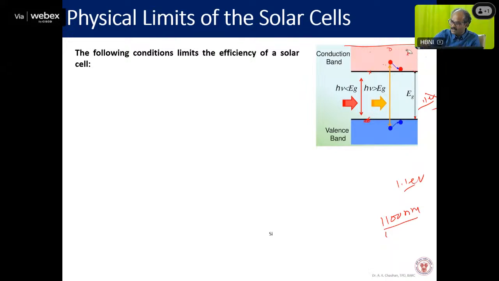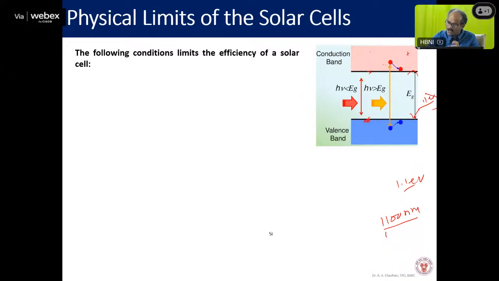So except in the ideal case when it was 1.1 eV, the photon is absorbed from this to this. This is the optimum value.